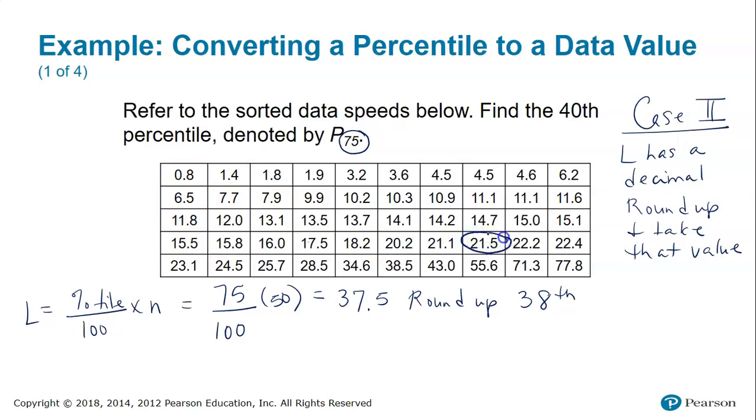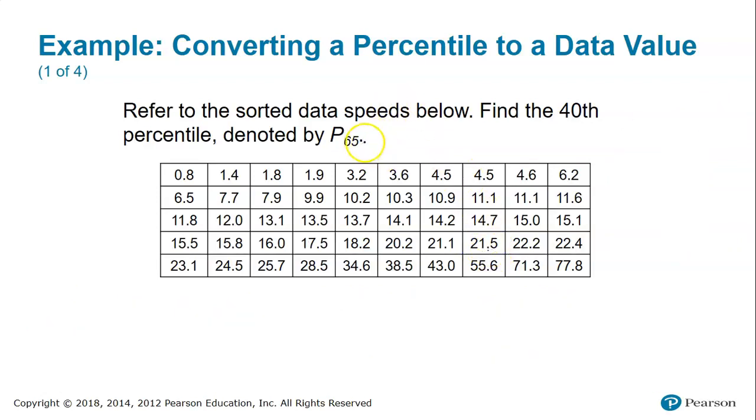That takes us here to 21.5. So 21.5 is the 38th value, and that represents this P sub 75. The locator value was right in here, halfway between the 37th value and the 38th value. If I went down to the 37th value, then I don't have 75% below that, which is what I need. So that's why I need to go up to this next value, which is the 21.5.